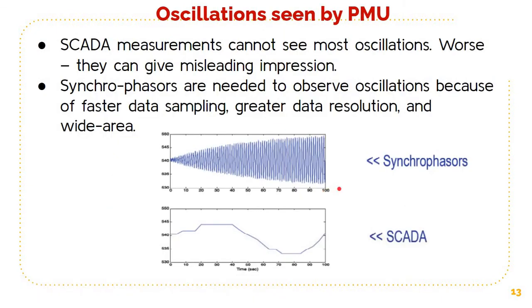SCADA measurements cannot see most oscillations, and the worst part is they can give misleading impressions. Synchrophasors are needed to observe oscillations because of faster data sampling, greater data resolution, and wide area.